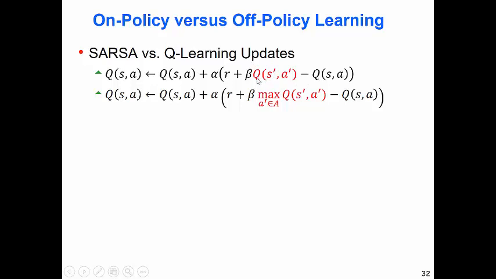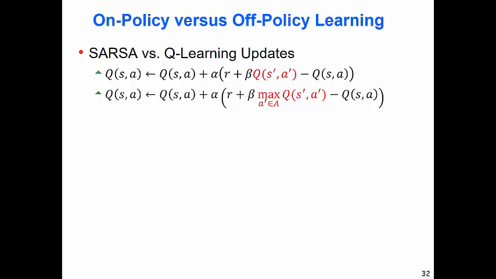So when SARSA is exploiting, it's picking the A prime that maximizes the current Q function, and so it's going to do the same update as Q-learning. That's what SARSA will do. And so they only really differ on these explore actions that go against the current greedy action. And so that's where they differ.